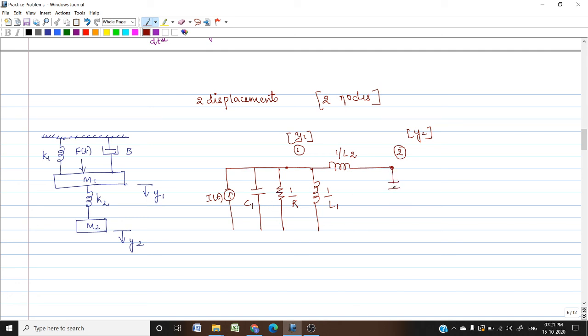I'll take this as C1, this as C2, and all are connected to the ground. It's not important to show ground always, but it's okay, fine. Okay, so this is the electrical analogous circuit.